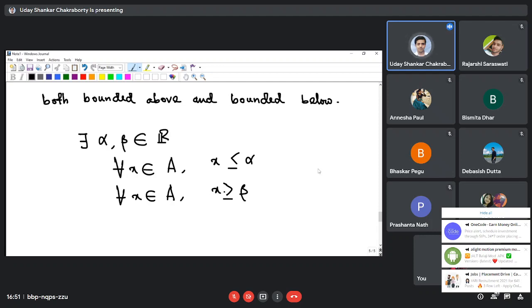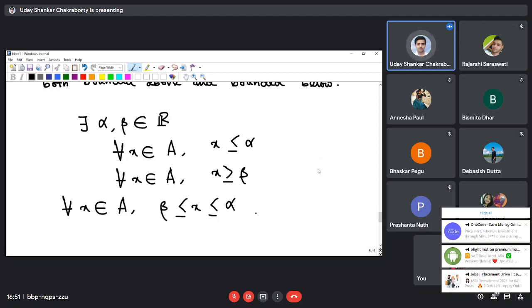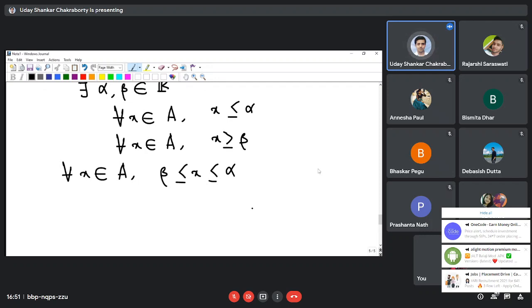So for x belonging to A, beta is less than or equal to x, and x is less than or equal to alpha. Now I want a single positive real number m such that mod x is less than or equal to m.